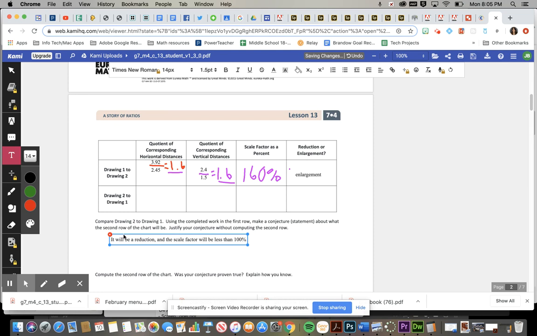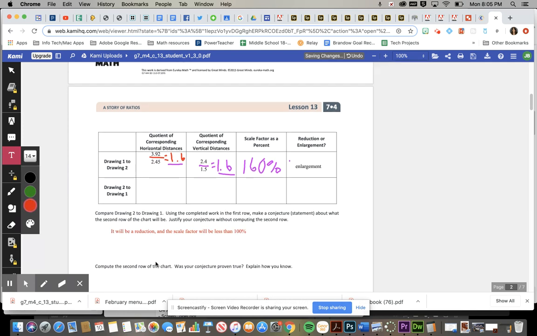So I could tell that. Maybe change that to red so I can see it a little better. Okay, then it says compute the second row of the chart.